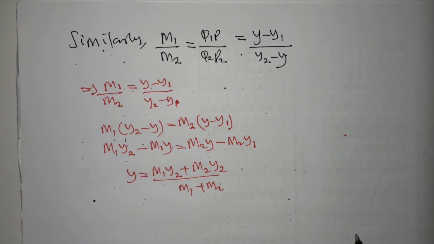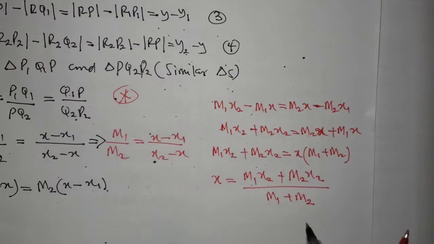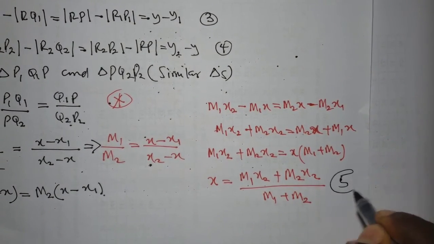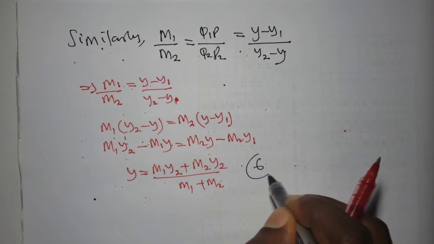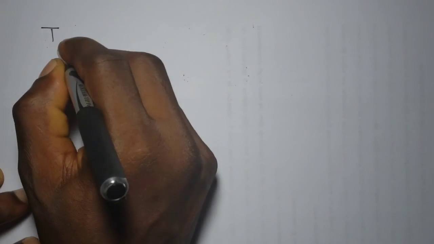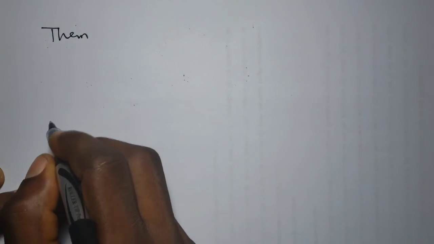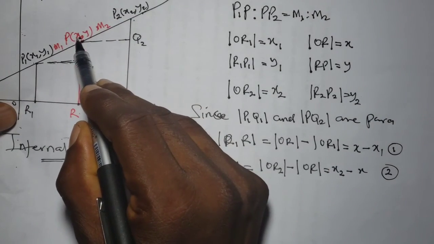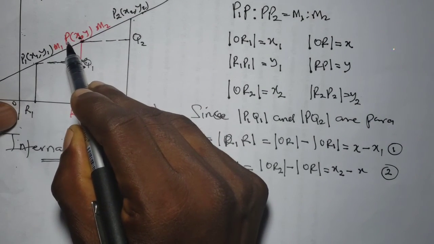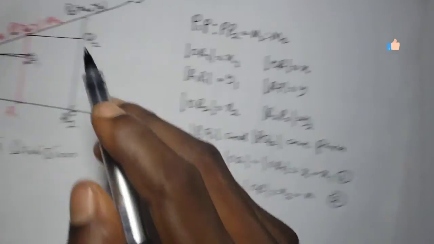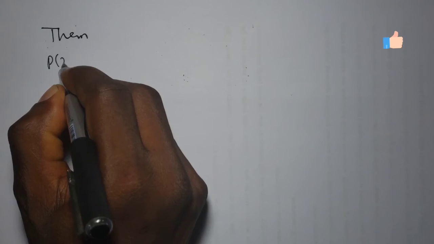So if we call this value here equation 5, and call this one equation 6, then the coordinate xy of the point P that divides the line segment P1, P2 internally is what?